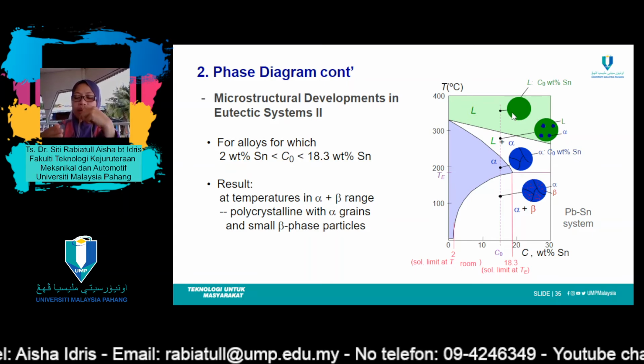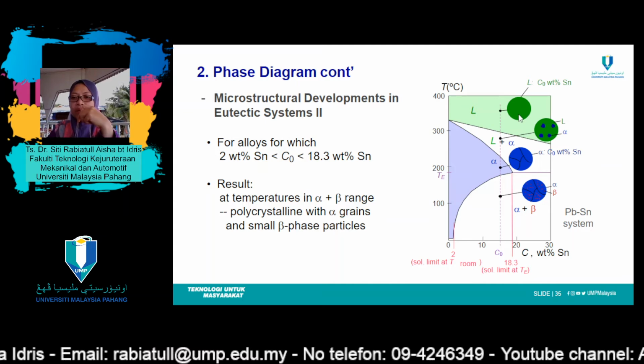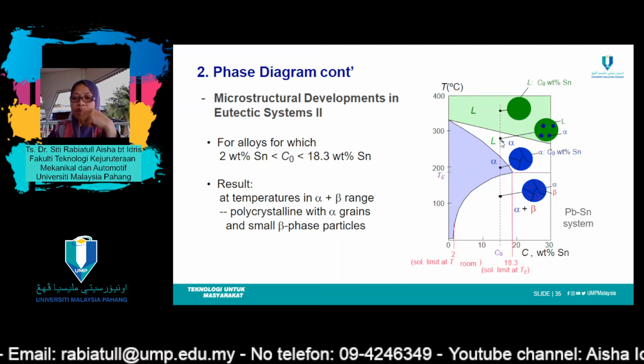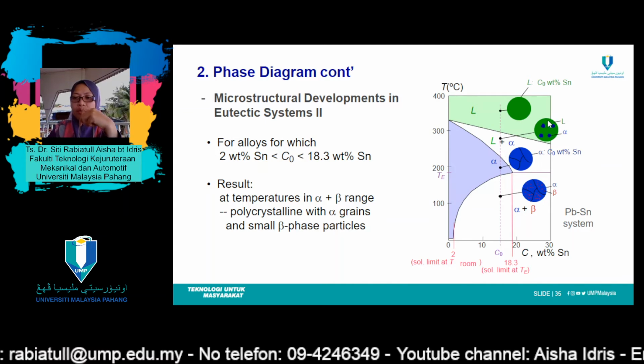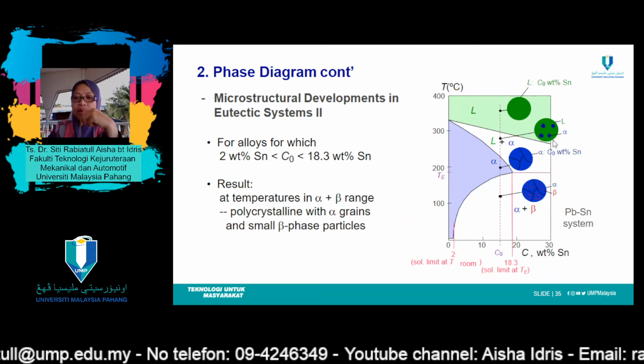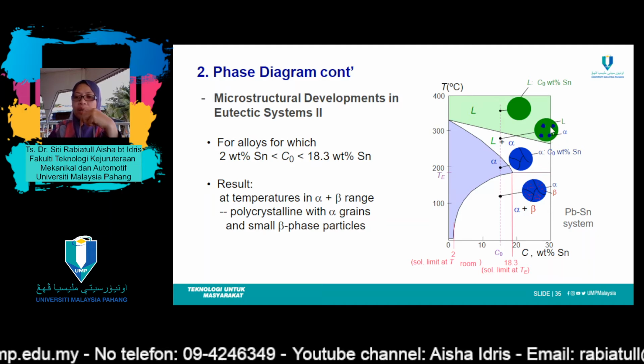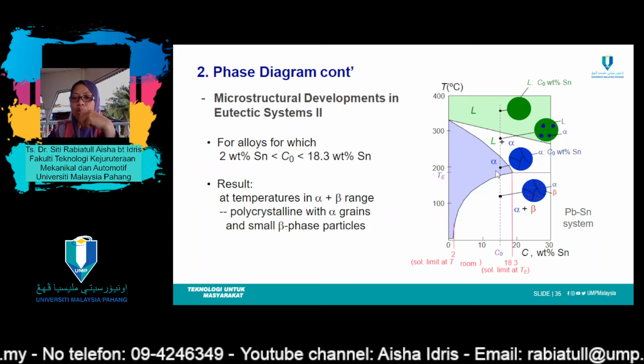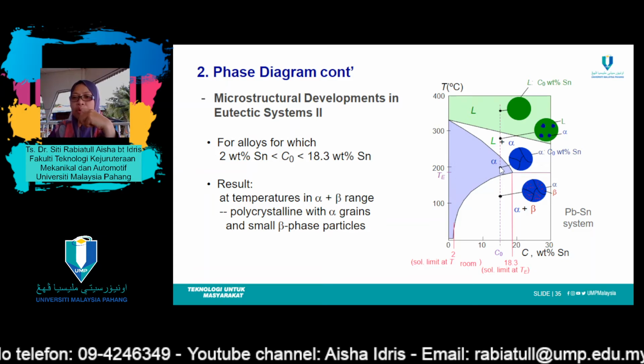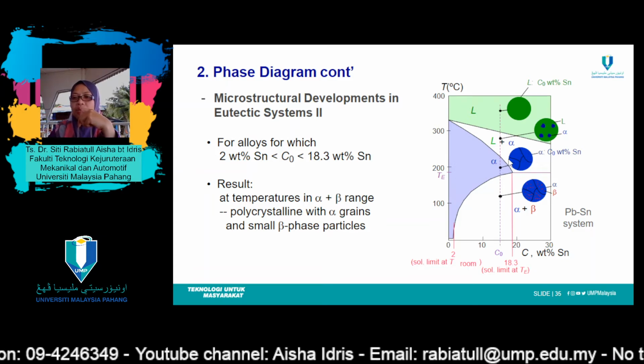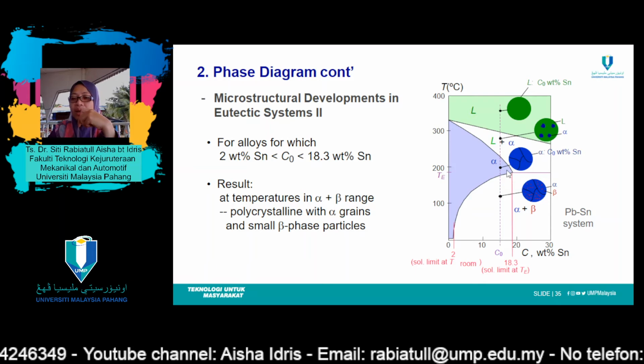Liquid, after solidification, starting from liquid, reaching to this phase, you should be able to get two different phases over here with primary alpha and liquid. After that, once reaching a phase for solid alpha, then you have 100% alpha there.